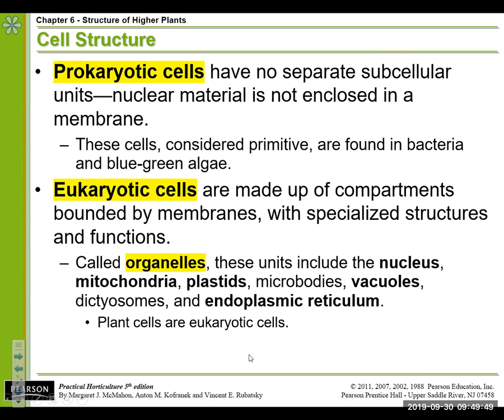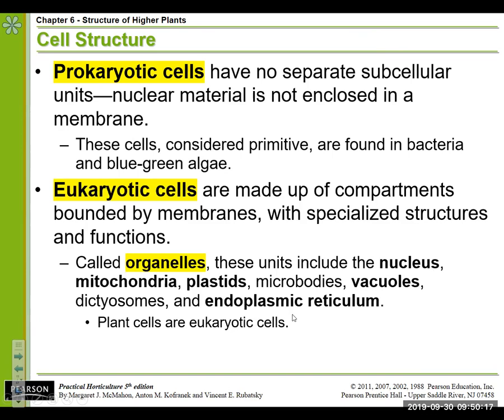Eukaryotic cells are those that have compartments and are bounded by some sort of membrane, so that each organelle within the cell has specialized structures and functions. We can look at the organelles here, the most important being the nucleus, the brain of the cell, where most of the DNA is stored, not all of it, but most of it.